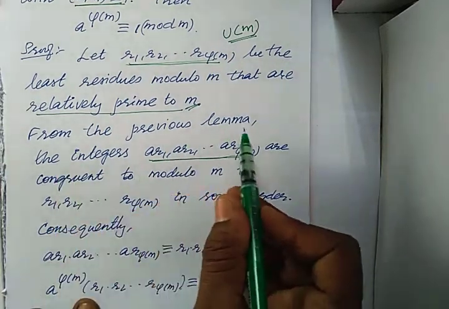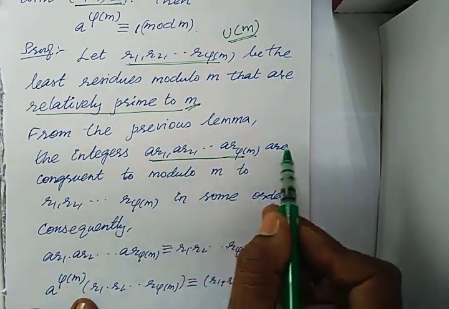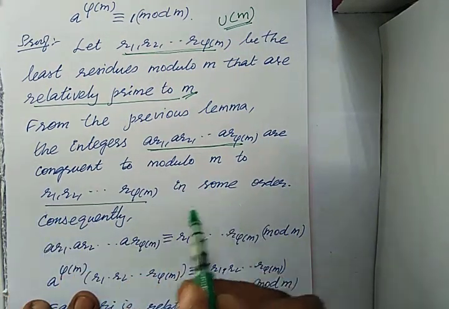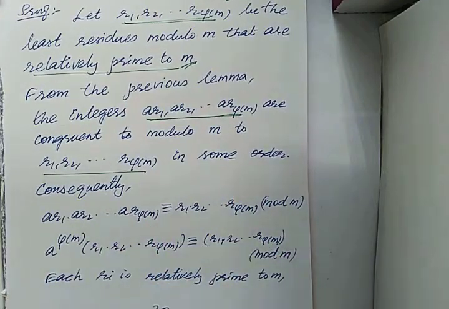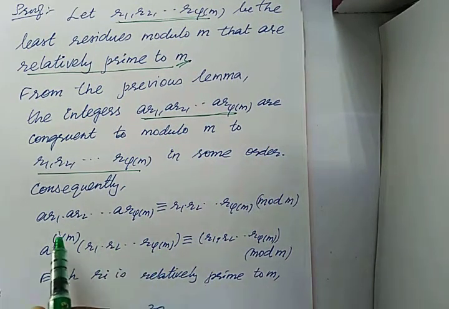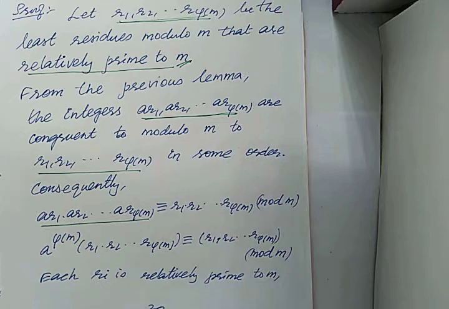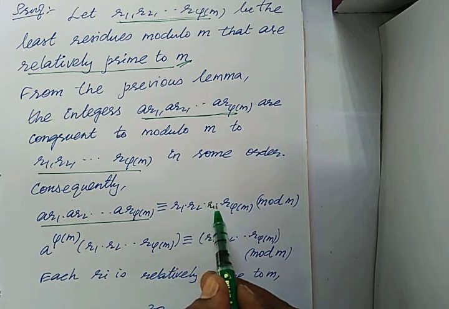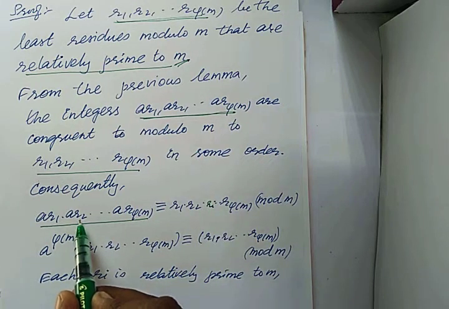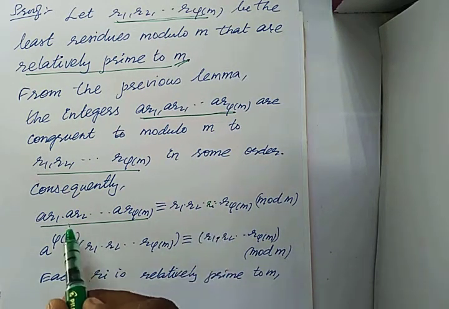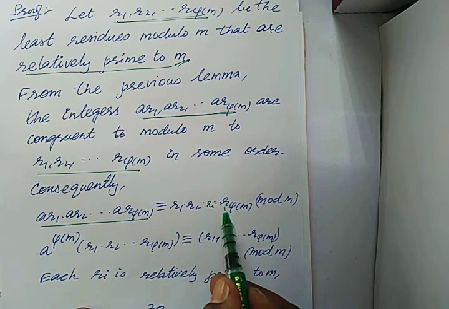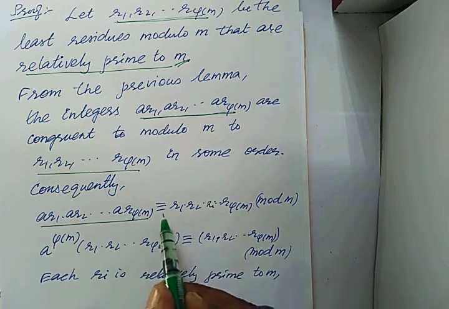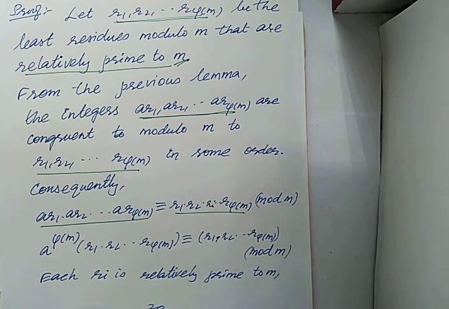From the previous lemma, these integers are congruent modulo m to these numbers in some order. Consequently, just multiply these numbers on the left hand side. This is congruent to some Ri, and this modulo m is equal to some Rj. So we get that this is congruent to these numbers modulo m.